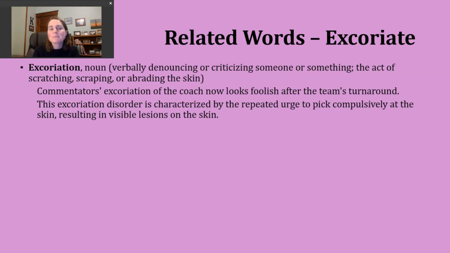An example of this might be, this excoriation disorder is characterized by the repeated urge to pick compulsively at the skin, resulting in visible lesions on the skin.